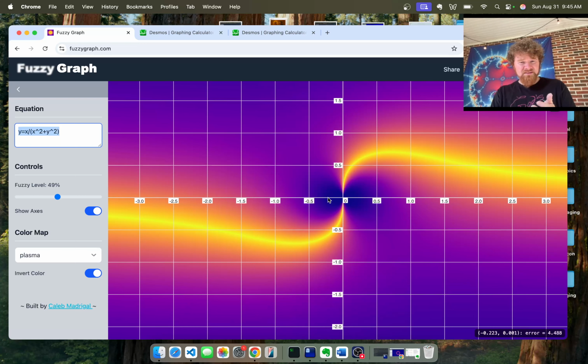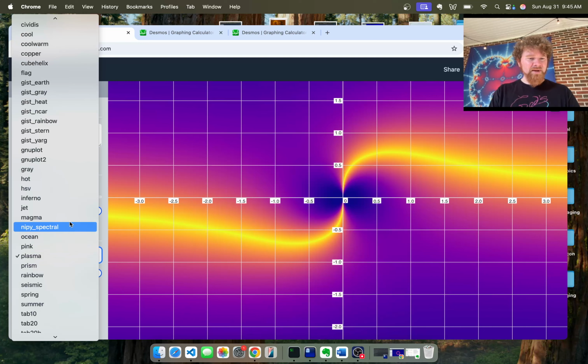Right here, this black hole, if you turn this into a three-dimensional graph where you replace the color with the height, this would be a big hole that would basically go down, I think, basically forever. Kind of wild. Anyway, okay, so FuzzyGraph, I think it makes pretty pictures.